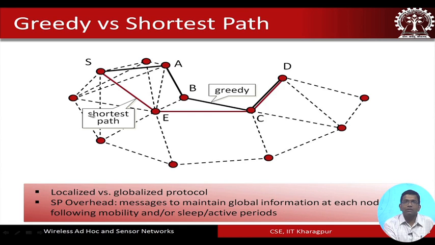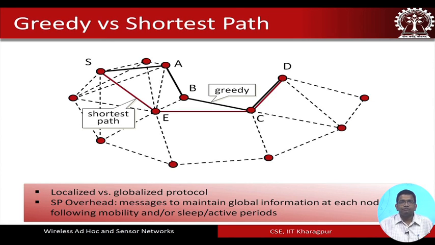It will not send to these nodes, but it will send to A, because compared to these nodes, this node is closest to node D, which is the intended destination node. Similarly, this approach can be followed all through, and by following the greedy approach, this path will be obtained for relaying the packet from S to D.